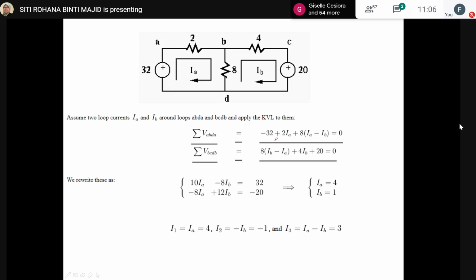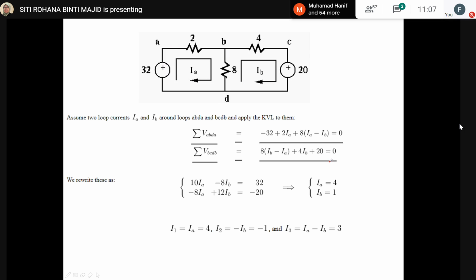Before you reach the final answer, you have to write the loop equation. I show you a different concept here, because just now the loop was positive, right? But if you want to change the direction, let's say you assume this one is negative, because you understand voltage rise or voltage drop.